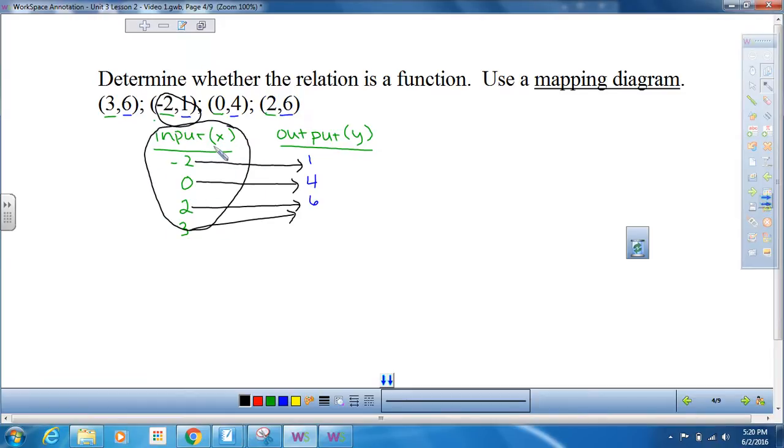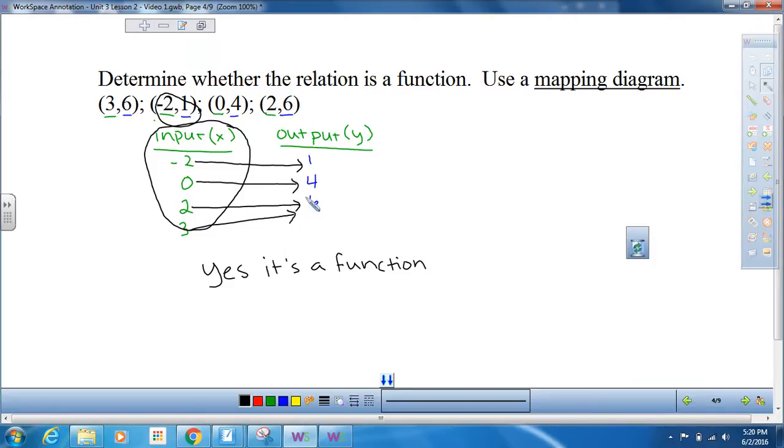So this is the column I want to look at. As long as none of these numbers repeat, then yes, it's a function. Because that means all of these inputs only have one output. So even though the 6 is used twice, the input was different. 2, 6, 3, 6. 2 and 3 are your inputs.